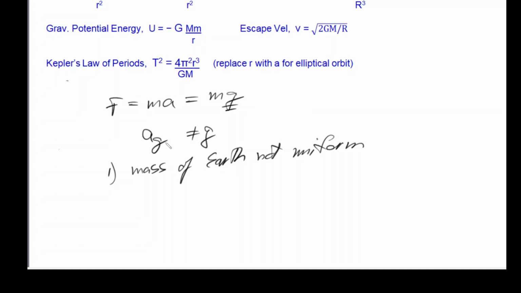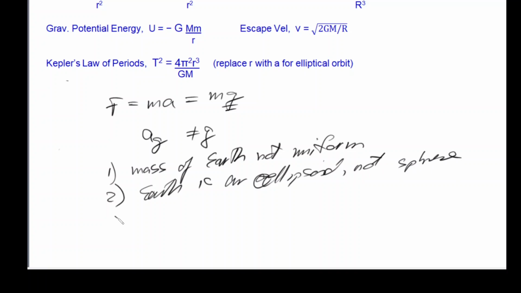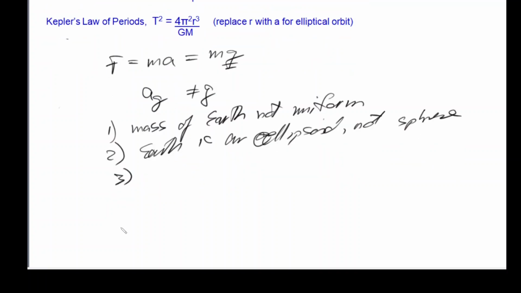The other reason the acceleration due to gravity doesn't always equal g is that Earth is an ellipsoid, not a sphere. It's not a perfect sphere. And the third reason is that Earth has a rotation, and this affects the actual acceleration of gravity.